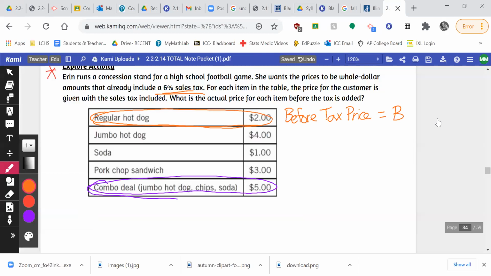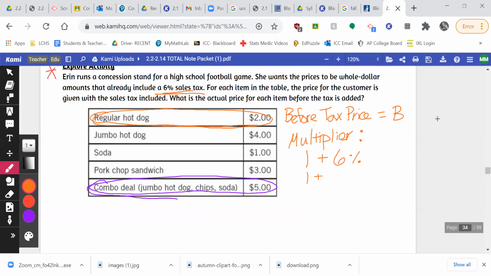All right, so for the regular hot dog, in both of these situations, you guys are going to be looking at percent increase. And with percent increase, you're going to be using a multiplier. So if we are looking at tax, we're going to have our multiplier have an increase of 6%.